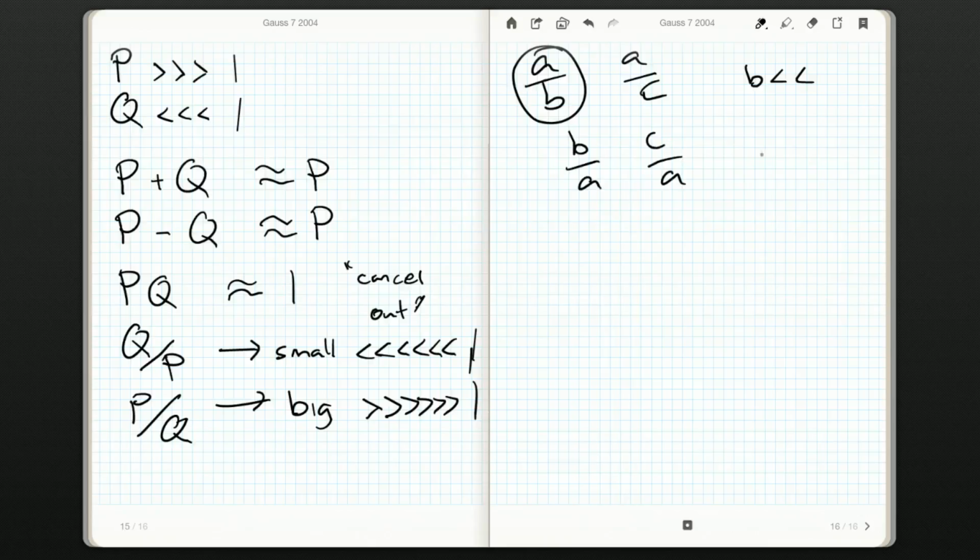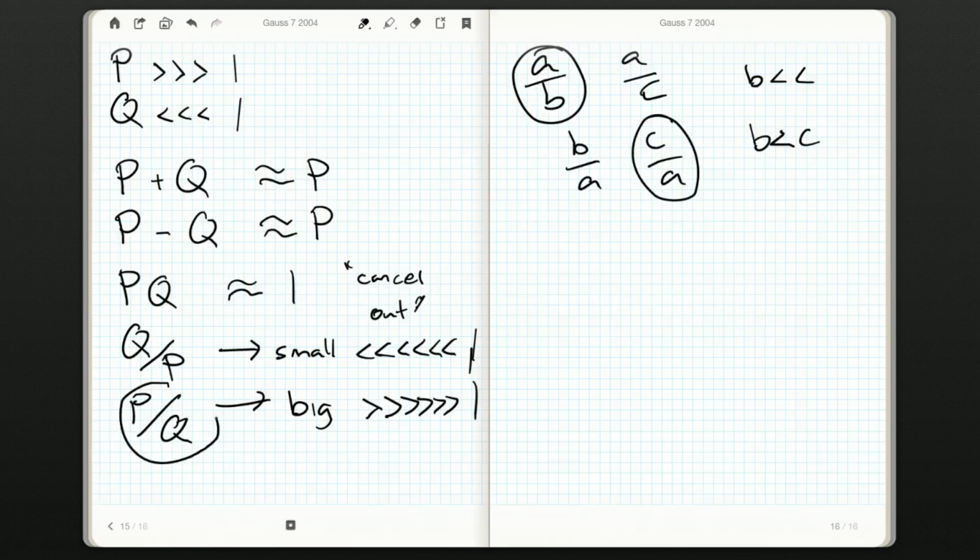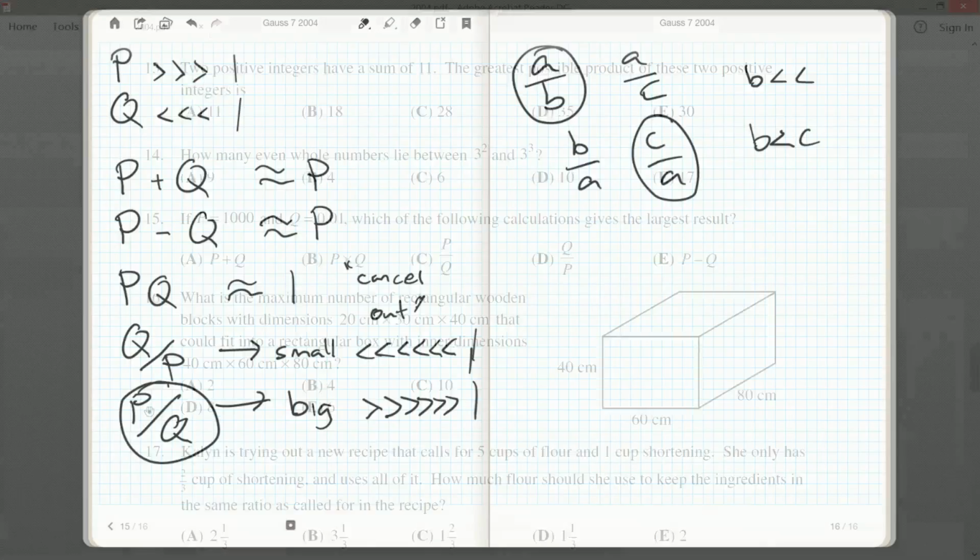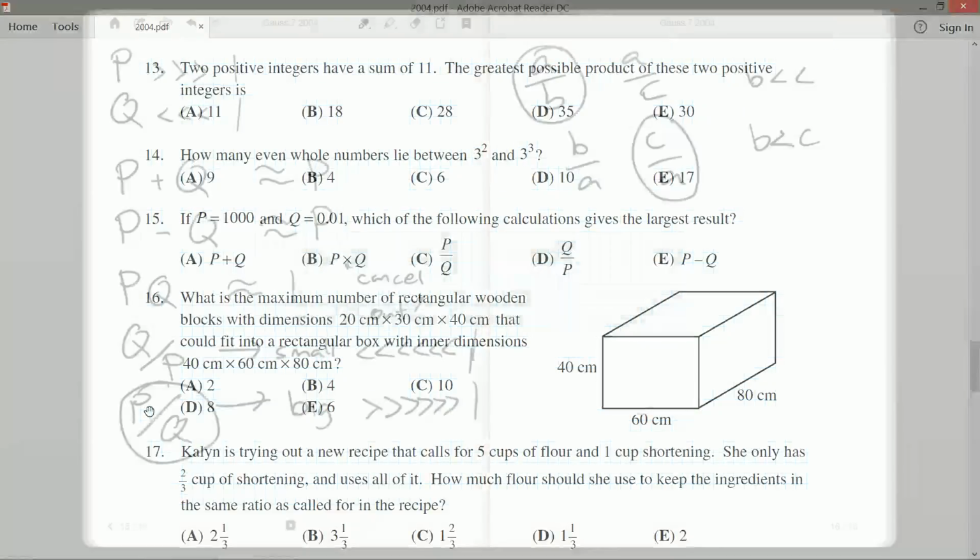These are just some general rules of thumb. So without doing a single calculation, since I know this well enough to do it in my head, I know this one's going to be my answer, and that is C.